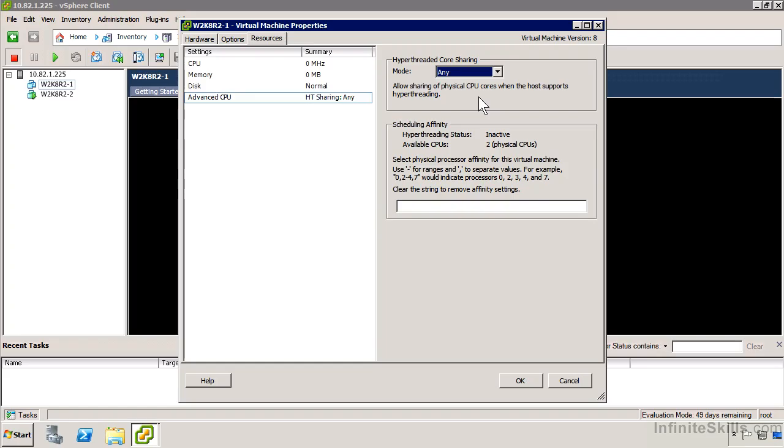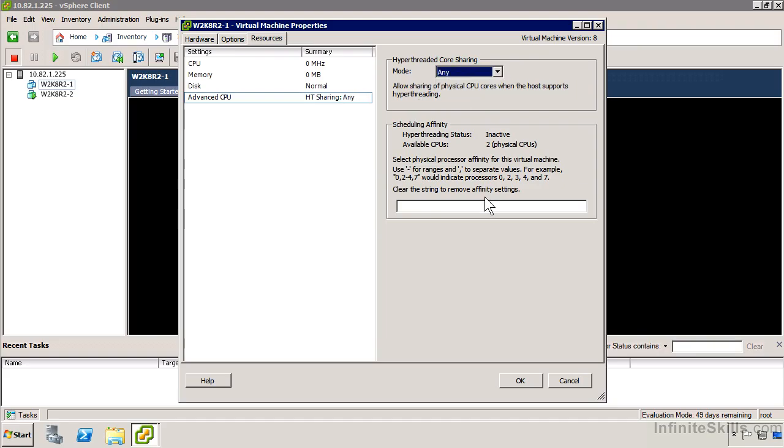As I said, not necessarily a bad idea, but can cause you some difficulties when it comes time to CPU schedule, when we have large numbers of virtual machines, or at least large numbers of virtual cores compared to the physical cores. So what we can do in those types of cases is we can specify that we want to keep at least virtual machines with 2 virtual CPUs on the same physical core and actually just back those 2 up through hypersharing. You can do these kinds of things and specify whether to share virtual cores or not.